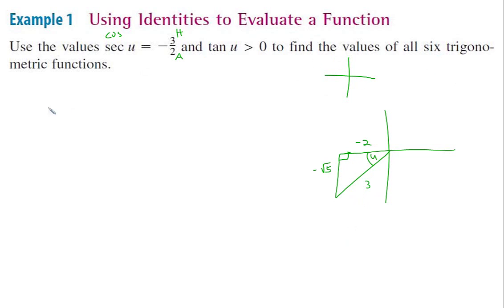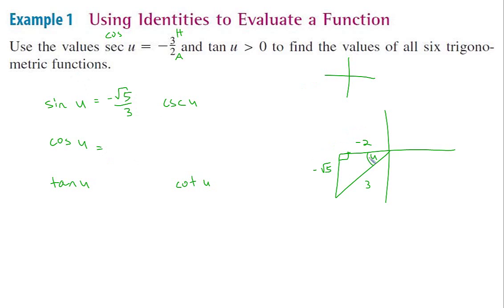So we need to find all the other trig ratios. We have sine u, cosine u, tangent u, cotangent u, and cosecant u. The sine of angle u is opposite over hypotenuse, so we get negative radical 5 over 3.